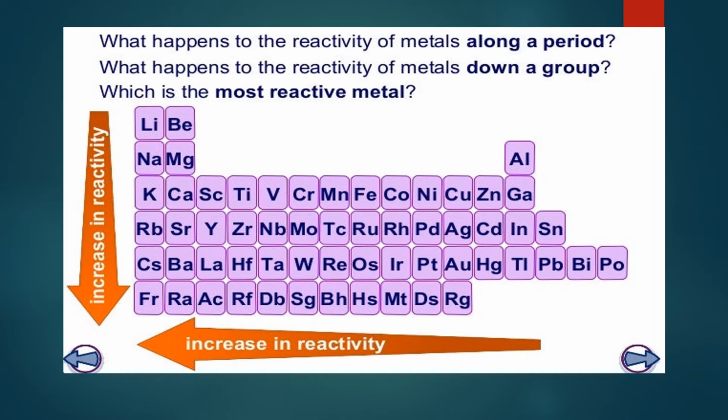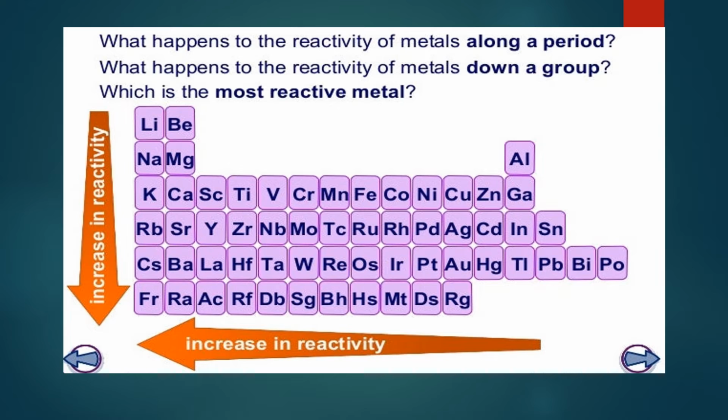Let me give you an example. In the first group, lithium, sodium, potassium, and so on, going down, the reactivity increases. So for example, cesium and francium are more reactive than those at the top of the group, like lithium and sodium.